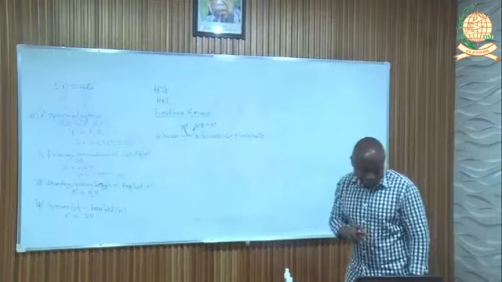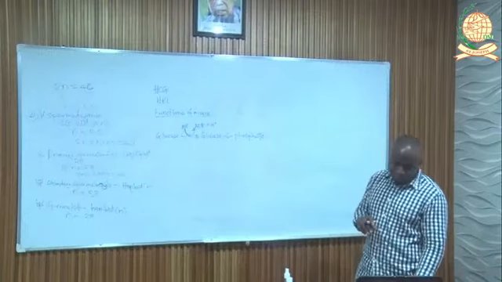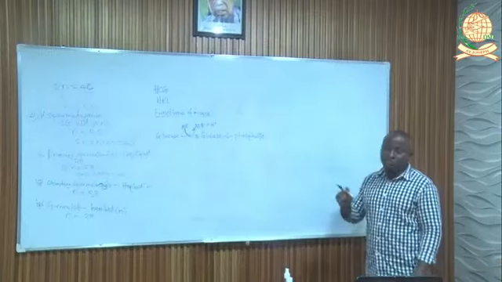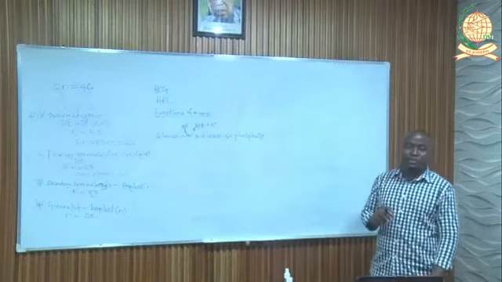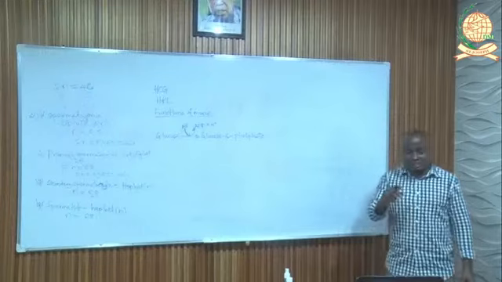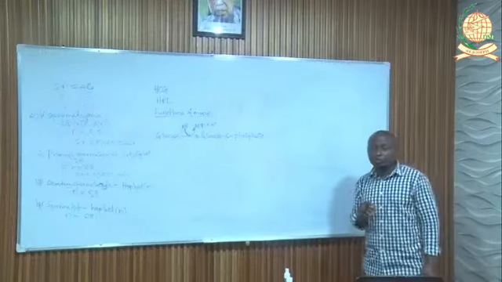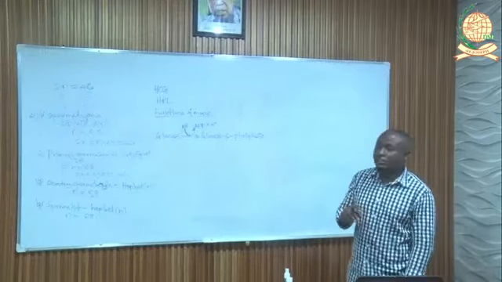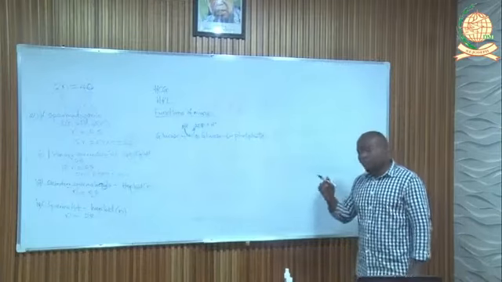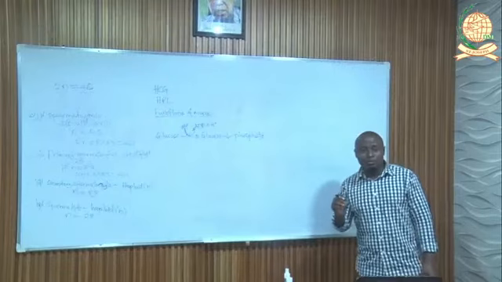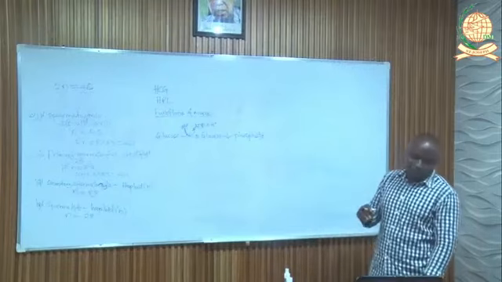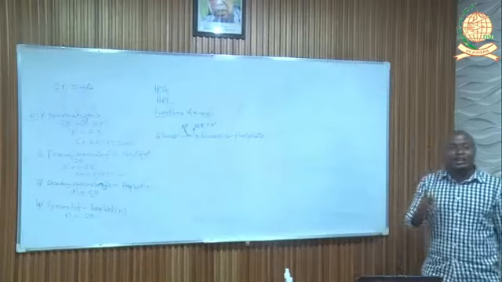This is an adaptation that enables people to live at high altitude, because as you go up, the partial pressure of gases decreases, and in this case, the partial pressure of oxygen decreases with the altitude. So one among the adaptations that individuals residing at high altitude have is that their blood is dark red.